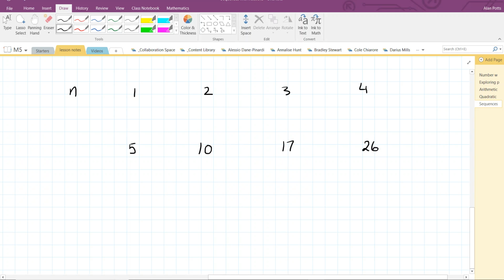Now, what was noticed was that the closest square number to 5 is 4, and the closest square number to 10 is 9, 16, 25. So what we actually have is 5 plus 1, 9 plus 1, 16 plus 1. You notice that?